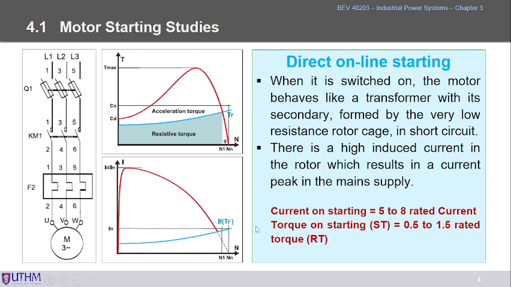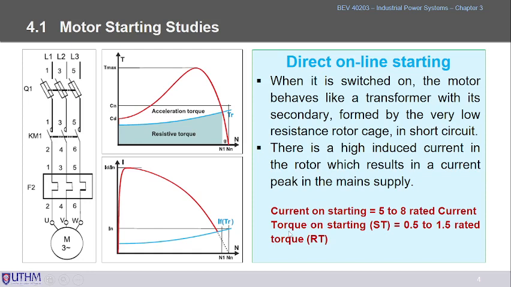So what we can expect from this DOL method of starting is that the starting current is very high, about 5 to 8 times the rated current. This is the disadvantage of the DOL as compared to others.